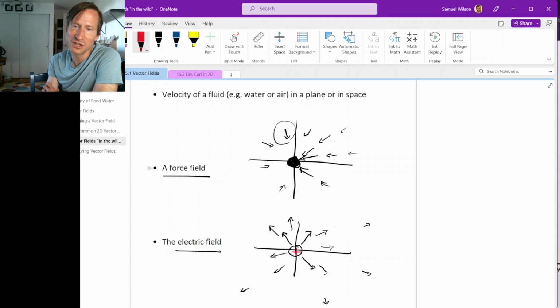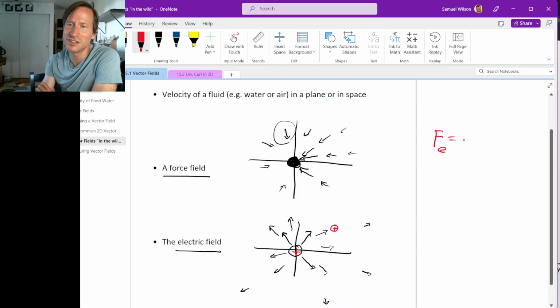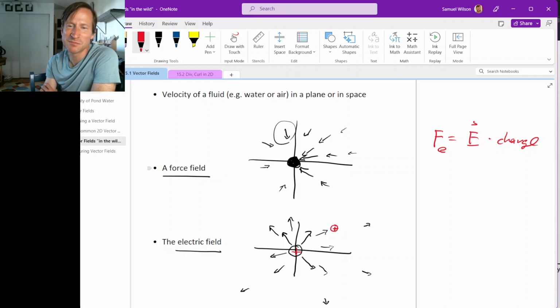So if we put a little charged particle out here somewhere, if we make it positively charged, it turns out that the force from the electric field is the electric field, which E is one symbol for, times the charge of your charged particle. Right? A positive particle has a positive charge, so we take the electric field value at this spot and multiply it by the positive charge, and so we get a vector pointing that way.